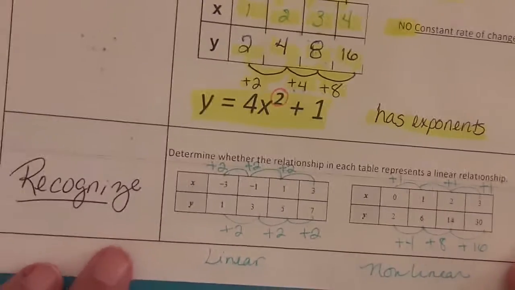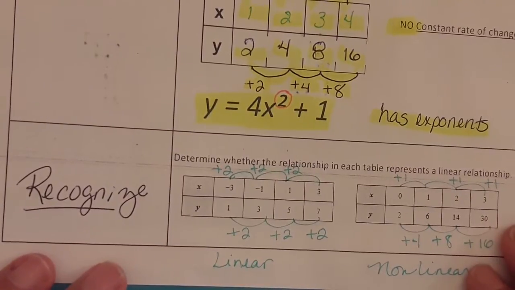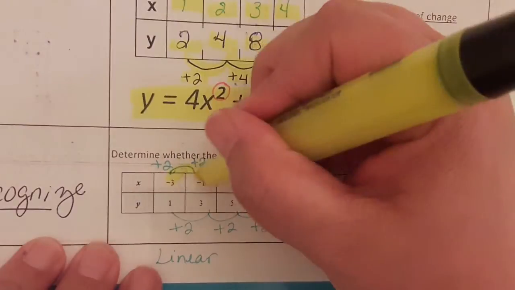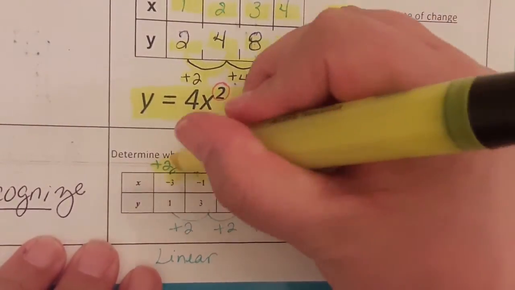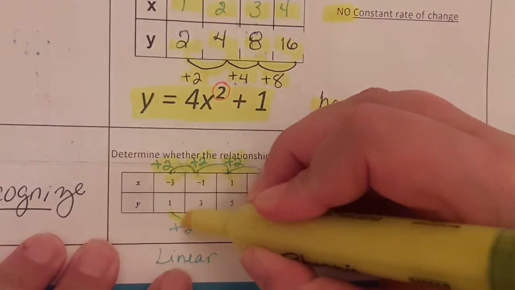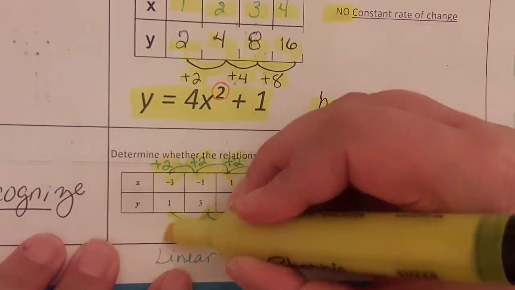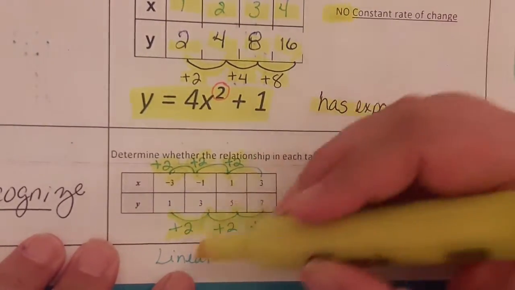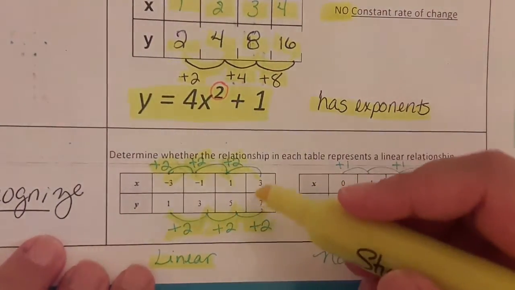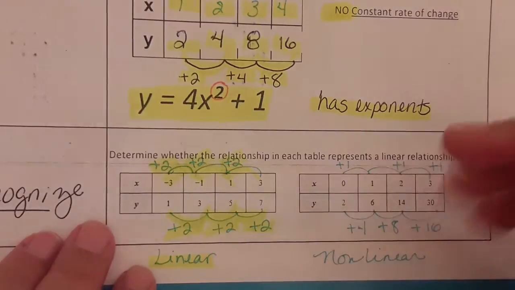Okay, so we're going to recognize these tables as either linear or nonlinear. I did my bunny hops on the first table, and I see that it's +2, +2, +2. Then on the y values, I did my bunny hops, and I see it's +2, +2, +2. It's the same each time, so that means this is a table that represents a linear relationship.